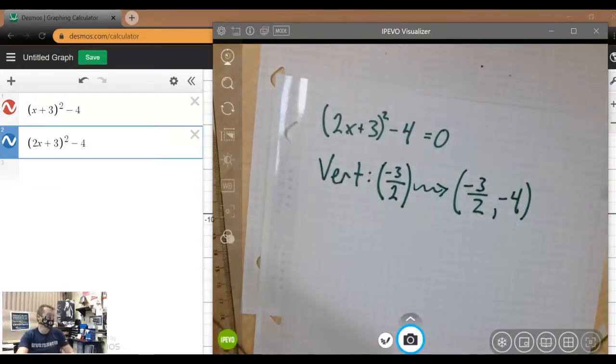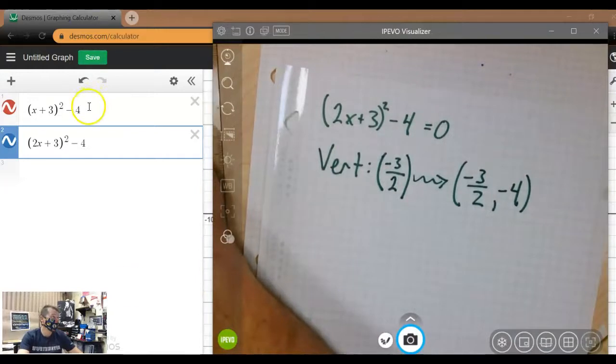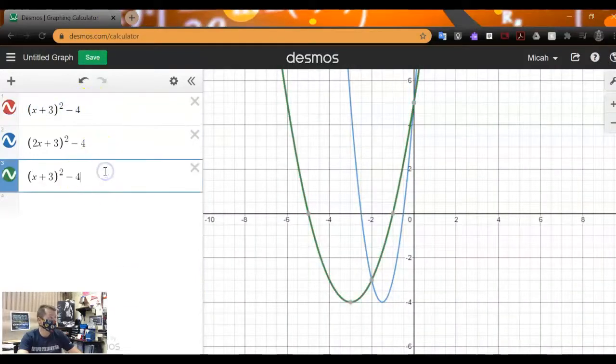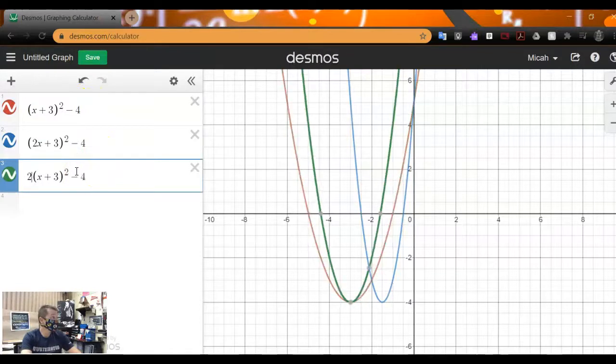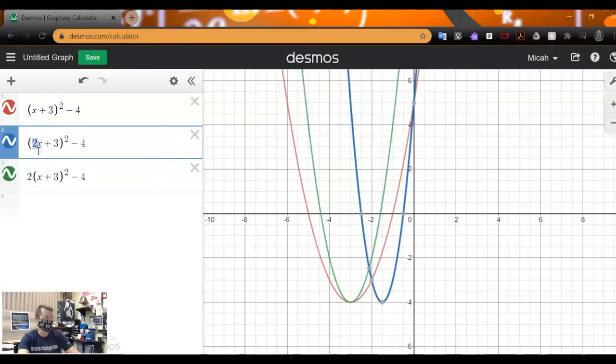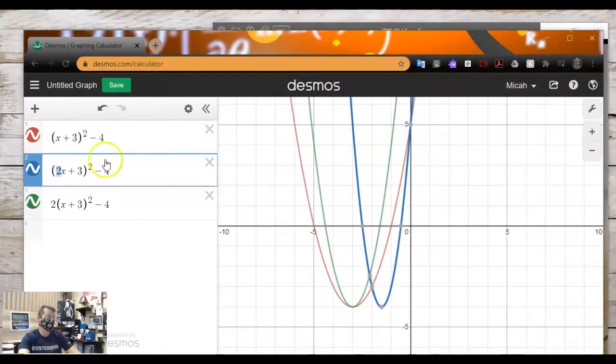So if we want another justification of the one out front not changing it, if we put our 2 out there, it changes the steepness of our parabola, but does not change the vertex. A leading coefficient inside of the parentheses has to be the denominator of the opposite of h. Now, normally it's just 1, right?